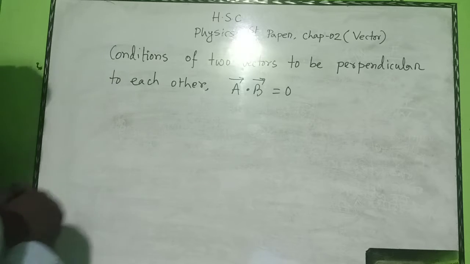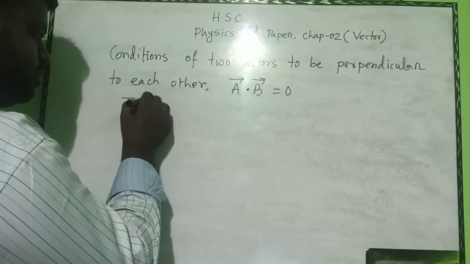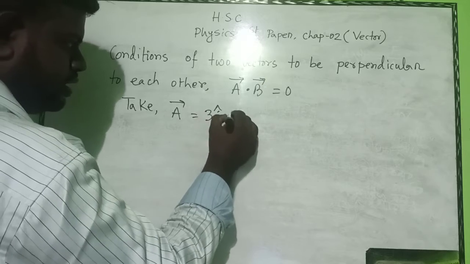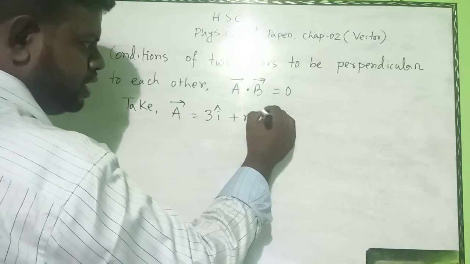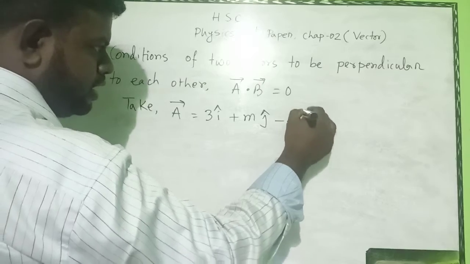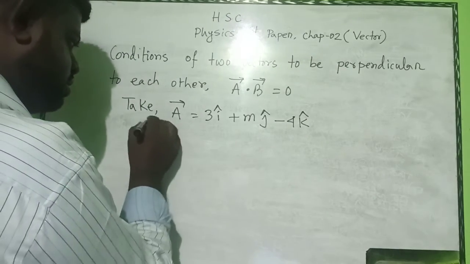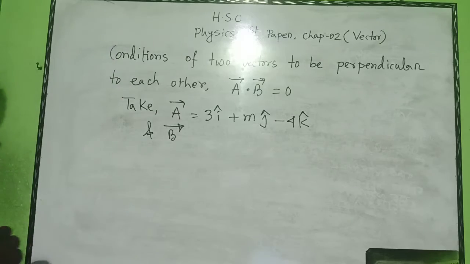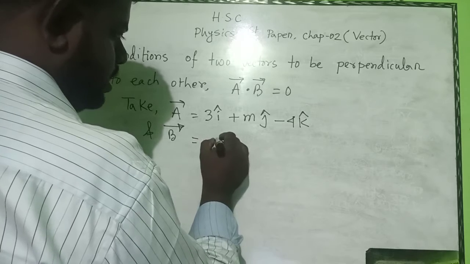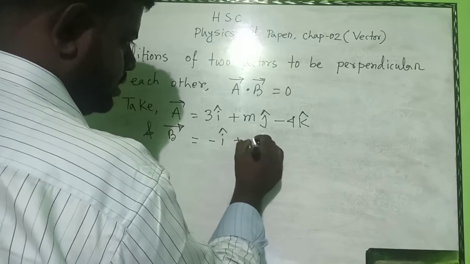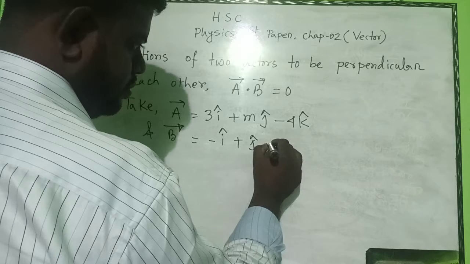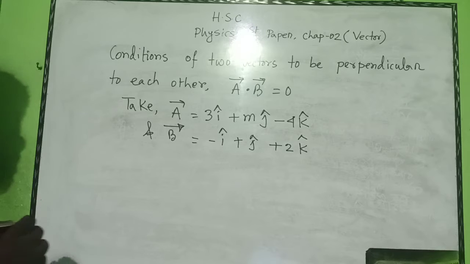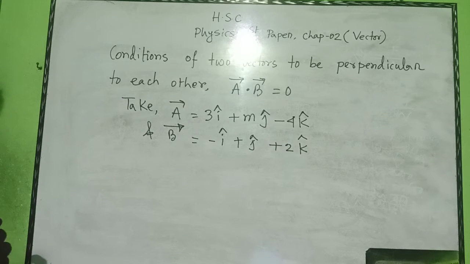Now if I take A equals 3i plus mj minus 4k, and B vector is equal to minus i plus j plus 2k. I want to make these two vectors perpendicular to each other.